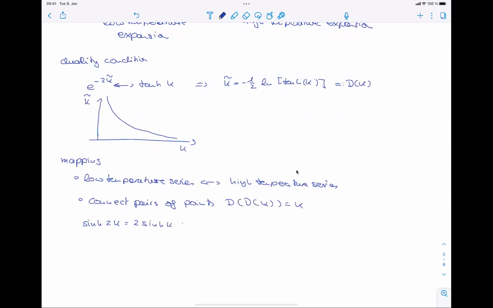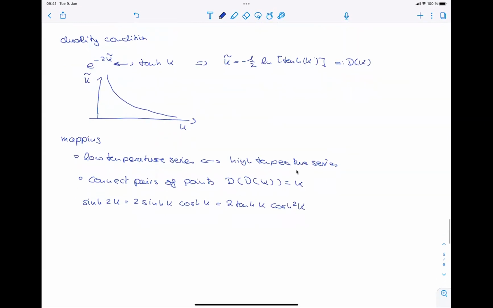But it's useful to see cosh K, which I can then rewrite as 2 tanh K cosh square K, which I can rewrite as 2 tanh K over 1 minus tanh square K. And so what I'm getting here is now that I'm rewriting the tanh K here.